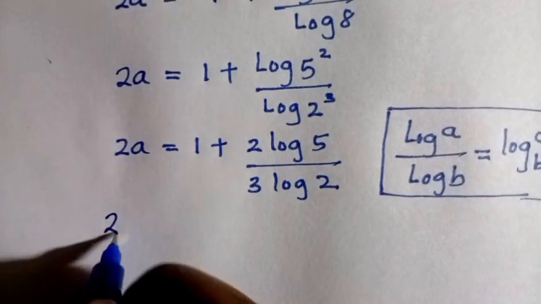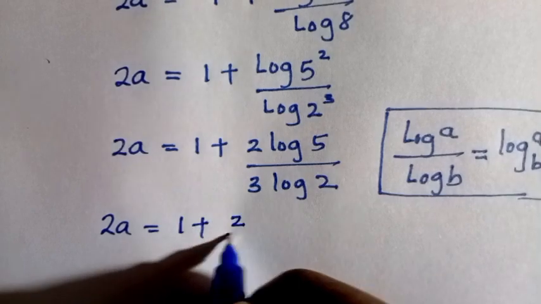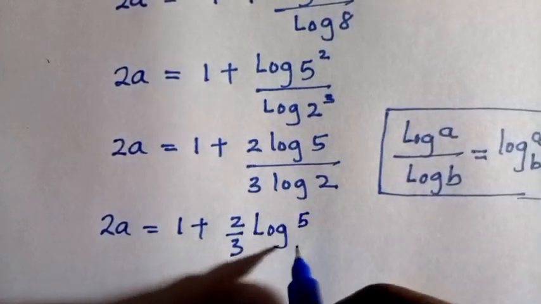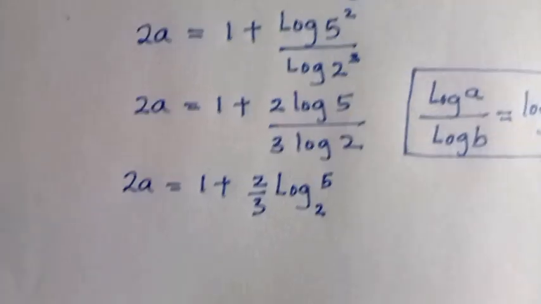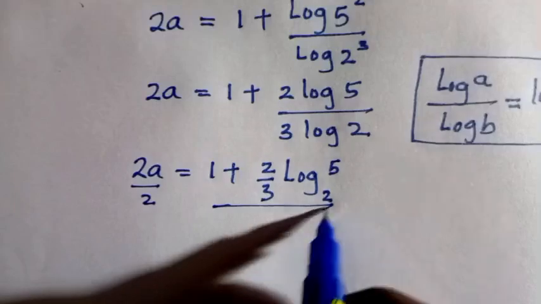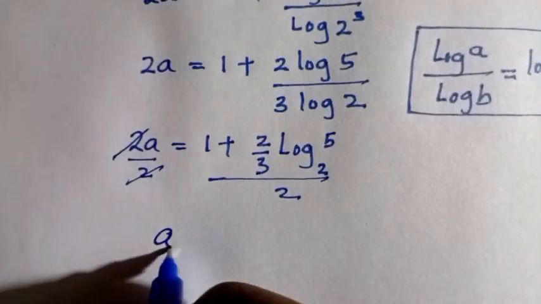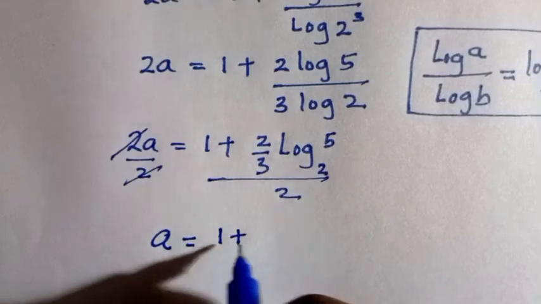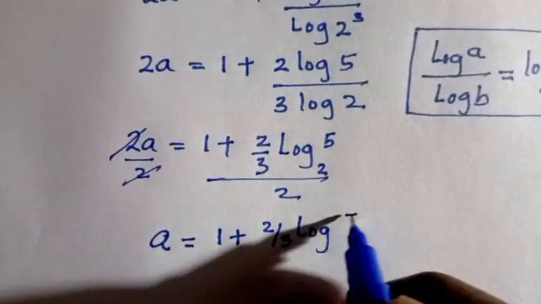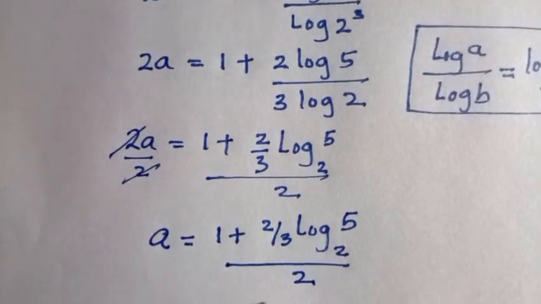So here we have 2a equals 1 plus 2 over 3 log 5 base 2. Since we need the value of a, we divide both sides by 2, so 2 cancels 2, and we have a equals 1 plus 2 over 3 log 5 base 2, all divided by 2.